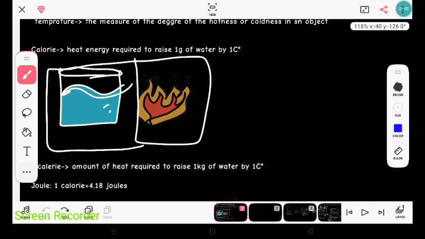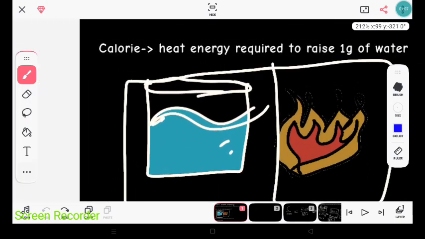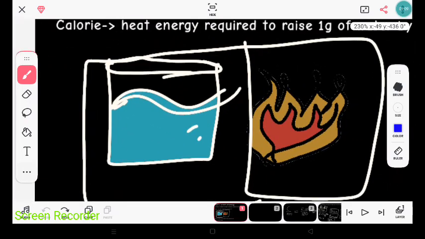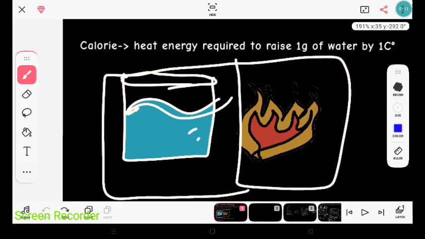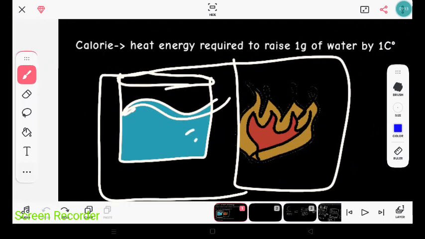Now, for example, this is the water and this is the fire. This fire produces heat energy, and how much heat do we need for 1 gram of water to become 1 Celsius more?